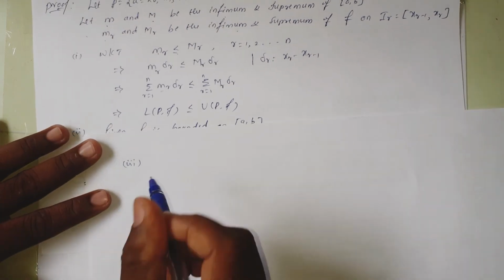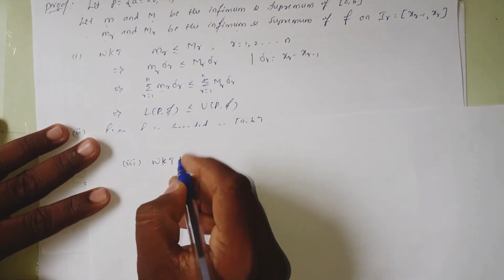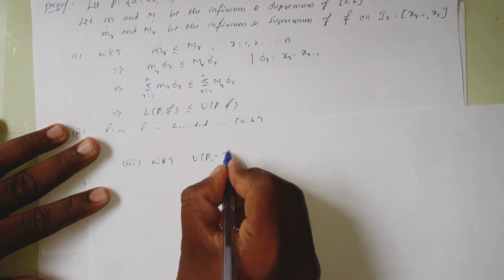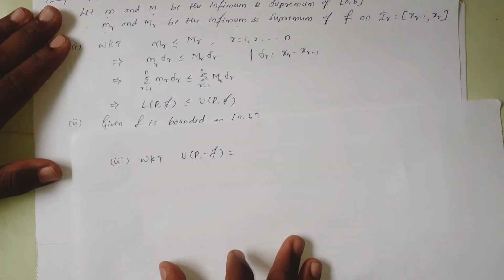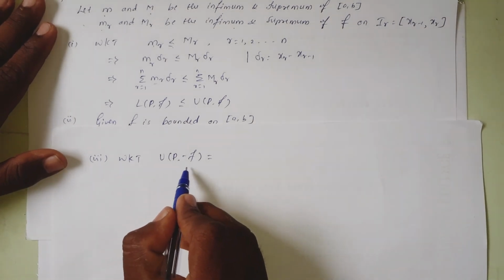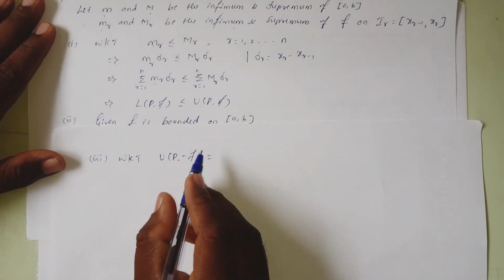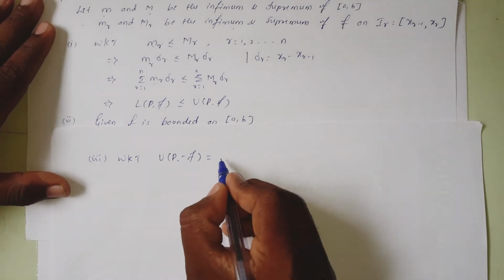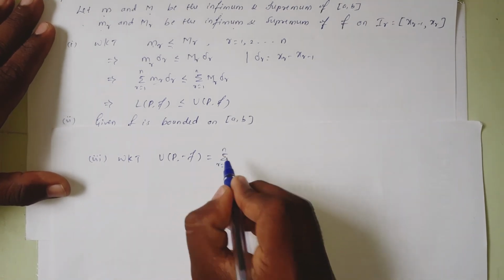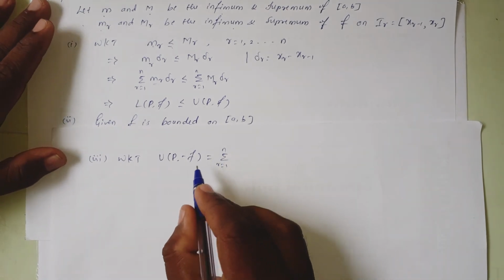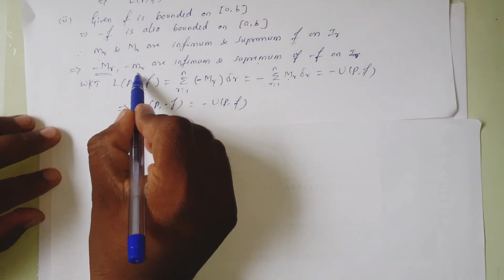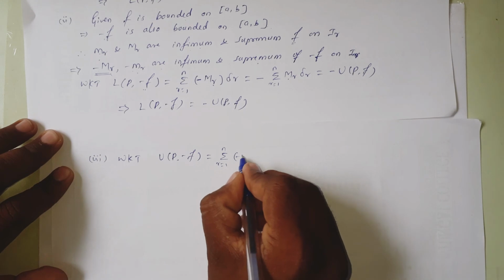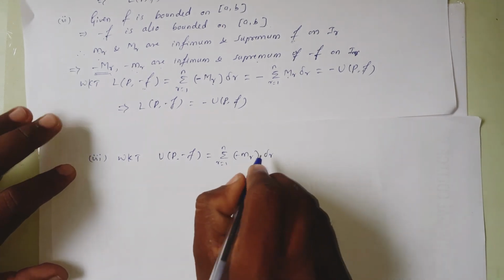Now, we know that for Up minus f, whenever we are considering the upper Riemann sum, we need to consider the supremum of the function. So, the upper Riemann sum of the function minus f is equal to the summation over r equal to 1 to n, where the supremum of minus f is minus mr, so that is minus mr into delta r.